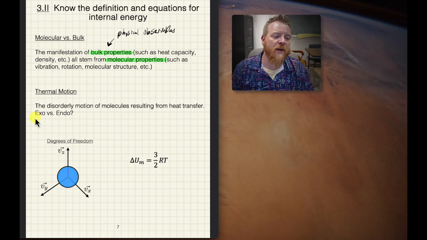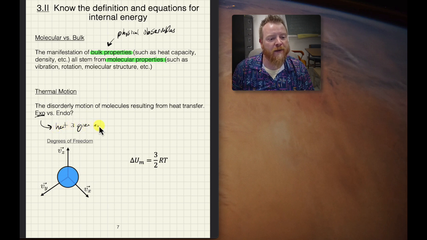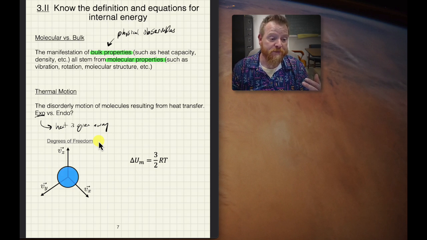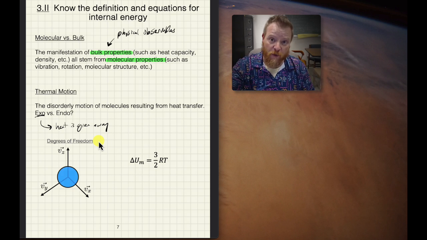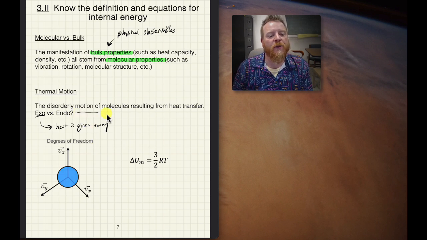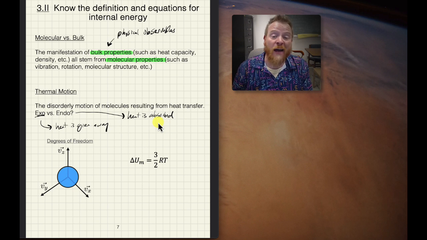So when we talk about an exothermic process, heat being given away, it's coming from those molecular modes, right? So it is going to go from the molecular modes out into the surroundings. However, with the endo, right, heat is being absorbed, and it is being absorbed specifically by those molecular modes of motion, okay?